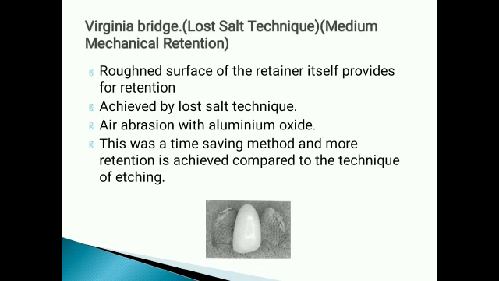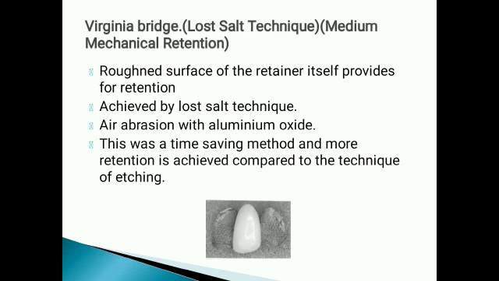Coming to the Virginia bridge, these are resin bonded fixed partial dentures which use particular roughened retainers. They were first proposed by Moon and Hedgings.